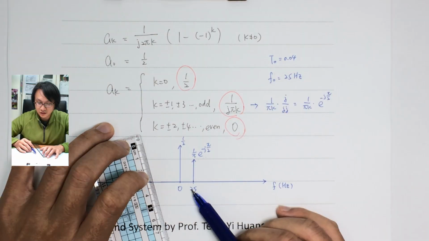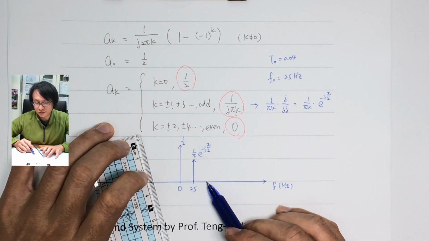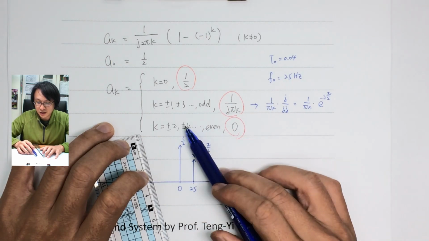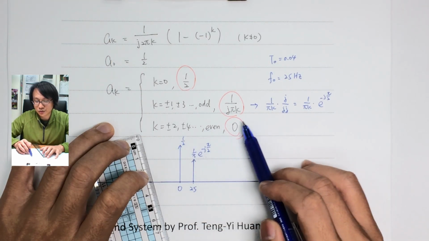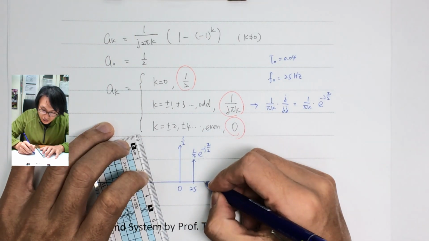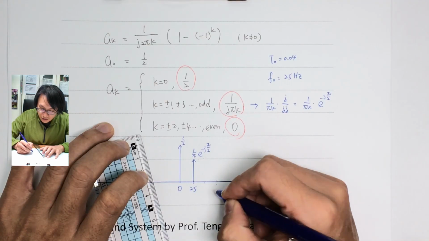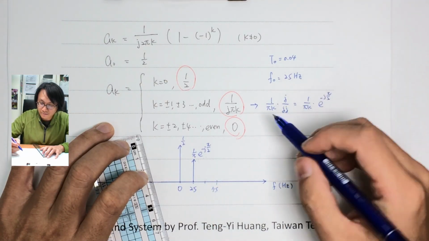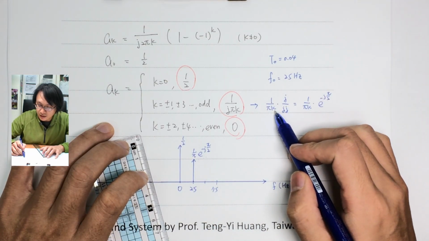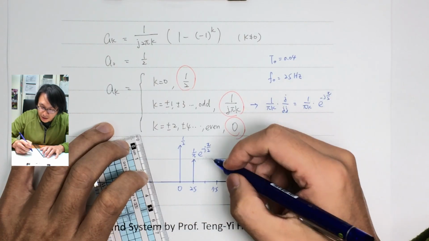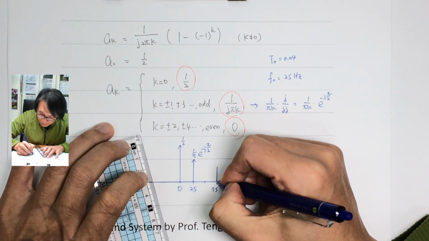So it's 1 over pi, and the phase is negative pi over 2. If k equals 2, that's 50 Hertz. 50 Hertz is even, so it's 0. We don't plot it. If k equals 3, that's 75 Hertz. 1 divided by 3 pi.